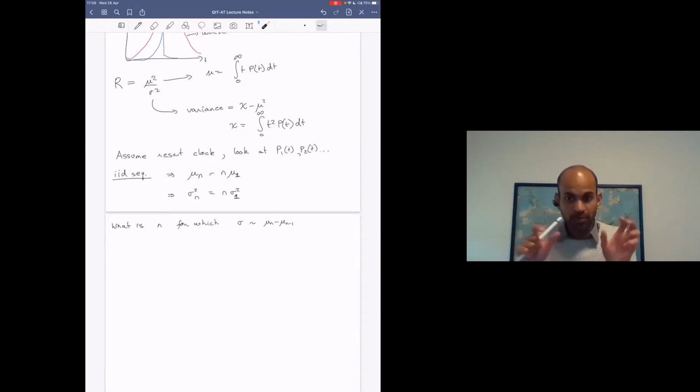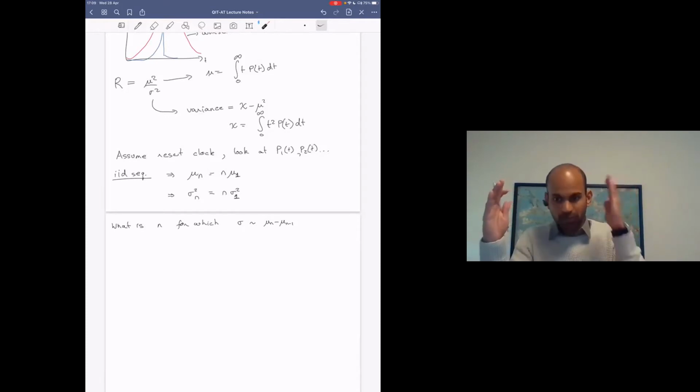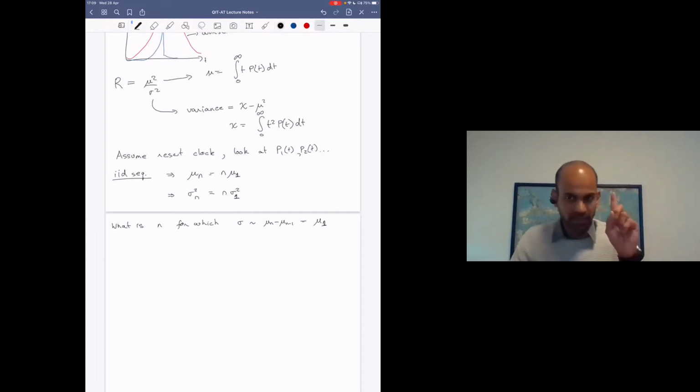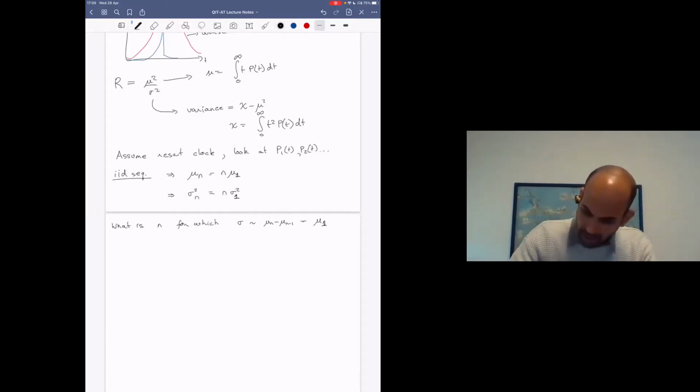And this is going to happen when that variance is of the same order as the difference between one tick and the next. And of course, the difference between one tick and the next is equal to just the average time for one single tick to happen. And so now I can simply solve for this. So I solve for sigma n squared.